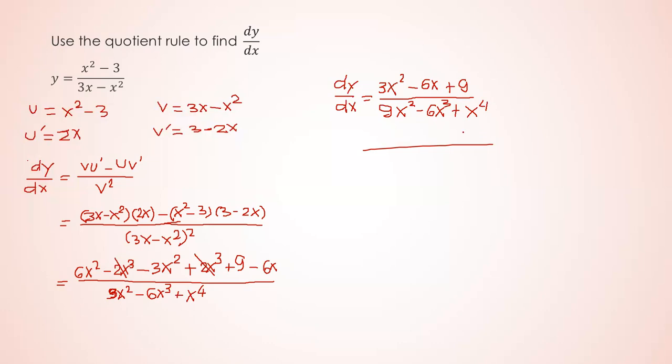This is the derivative of this function, y equals x squared minus 3 over 3x minus x squared.